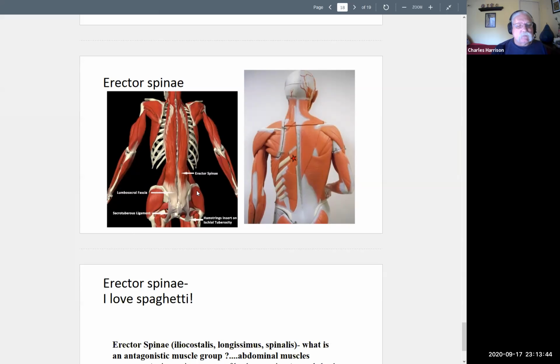Now, erector spinae is not on your full sheet. I haven't given it to you where you can punch on it, and I haven't given it to you with origin, insertion, or action. So you will only be asked to identify this. Only asked to identify.